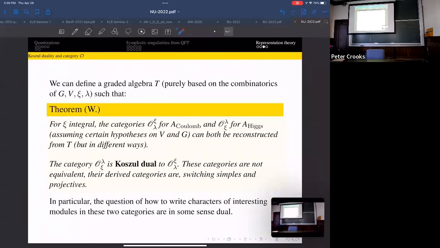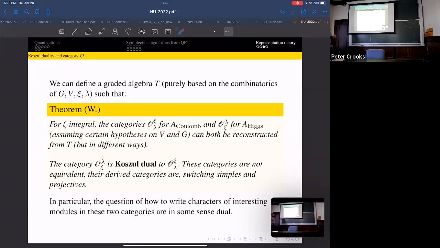So a natural thing to compare is category O for the Coulomb branch for one set of parameters, swap the role of the parameters, think of the C star action as giving you the quantization, and the quantization parameter as giving you the C star action, and look at the Higgs side, subject to certain hypotheses that I'm going to sweep under the rug. In this case, there's a purely combinatorial graded algebra from which you can reconstruct both these categories, but not in the same way, in such a way that they're Koszul dual.